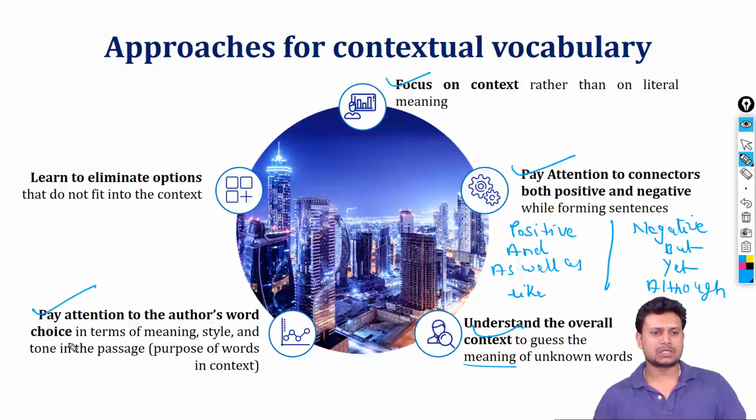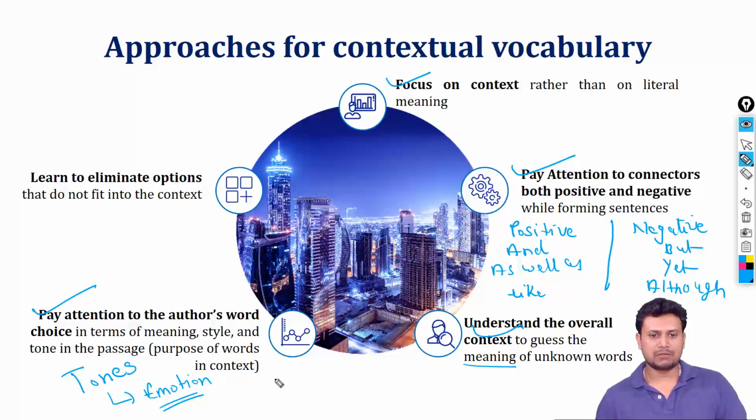Pay attention to the author's word choice in terms of meaning, style, and tone. Typically in vocabulary, another thing we have to drill down on is the understanding of tones. How do authors talk, what kind of emotions do they exude? In terms of emotion level, our word selection will also change.